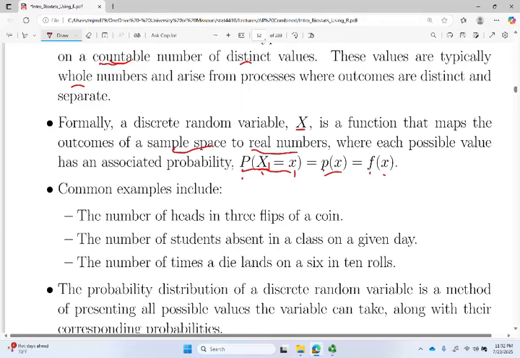Or you could just say f of x, because usually there's a function that describes the random variable and the values it can take, and that function generates the probabilities associated with it. So f of x is also used quite a bit. But the x is the value that it can take on, not the random variable itself. Sometimes they'll put a subscript X, f sub X of x.